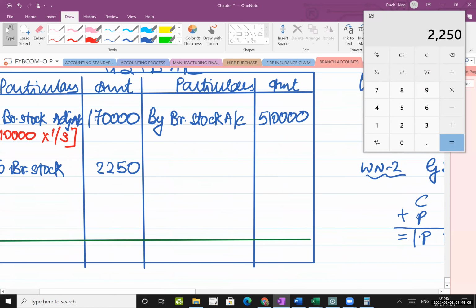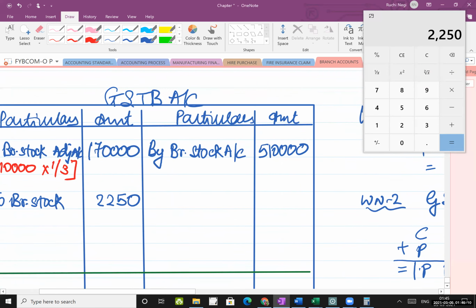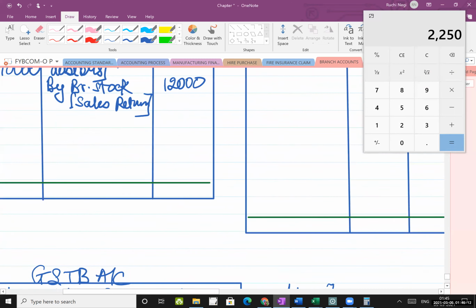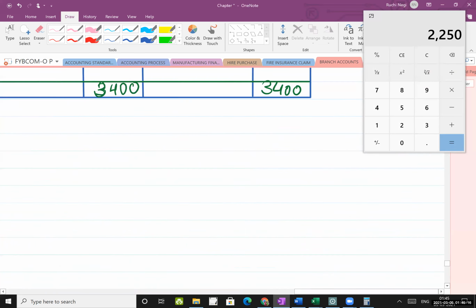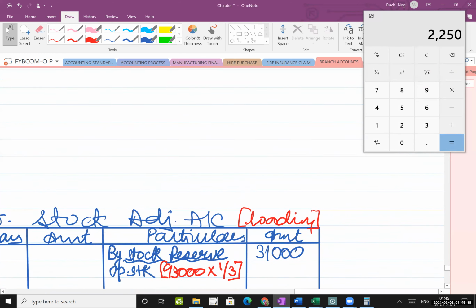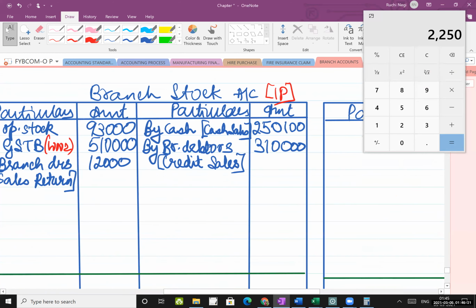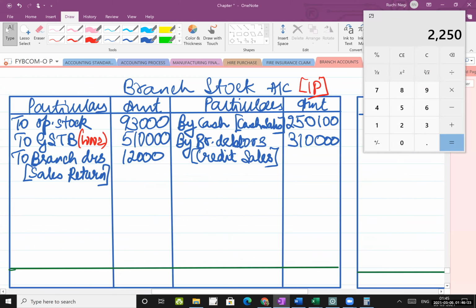Okay, second effect will come in branch stock by GSTB. Branch stock account by GSTB, 2250.